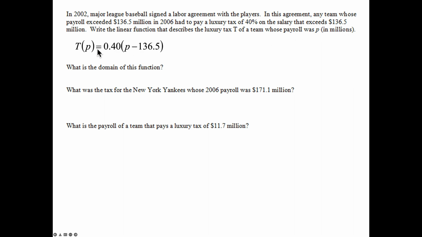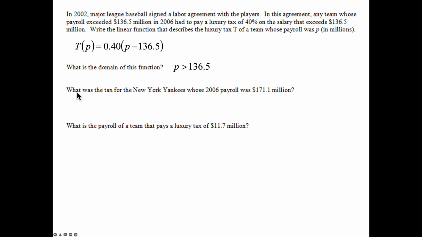Okay, so T of P equals 40% converted to a decimal, 0.40, times the payroll minus the 136.5. So this is only going to be a function whose domain is greater than the 136.5. So if my payroll was 100 million, well, 100 million minus 136.5, that's negative 36.5. They're not going to pay me money back for being below the salary cap. All right? So this is for anything that goes over the salary cap.